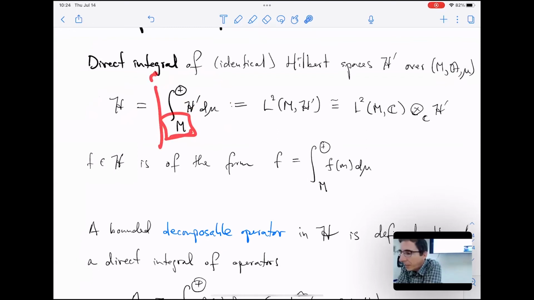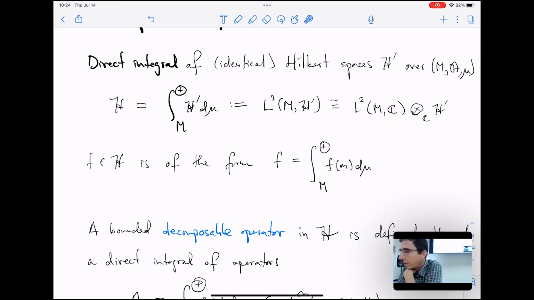This is just a nice notation for saying I have L2 of a certain measure space like the torus with values in some Hilbert space. In our case, the Hilbert space is L2 of the fundamental domain. But now you abstract this to a measure space and some Hilbert space, and you get this bigger Hilbert space. This is another nice way to think about it.